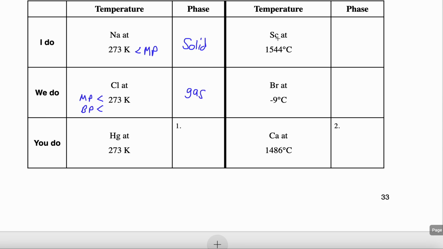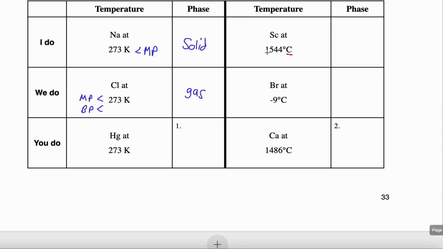Moving over to the next one, scandium. So scandium is being held at a temperature of 1,544, but I have to pay attention to the units. So here, the unit is degrees Celsius. And when we look at Table S, the melting and boiling points are in Kelvin.